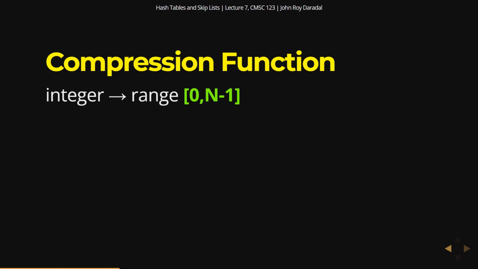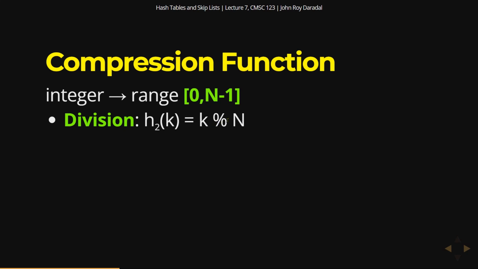Now the second part is called the compression function, and this will take the integer from your hash code and compress it into the range 0 to n minus 1. Some examples of compression functions are what we've been seeing so far, called the division function, or technically the remainder function, or the modulo.